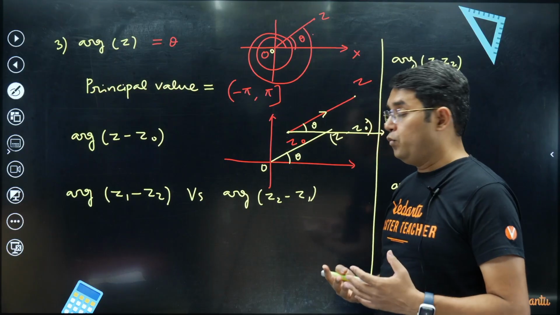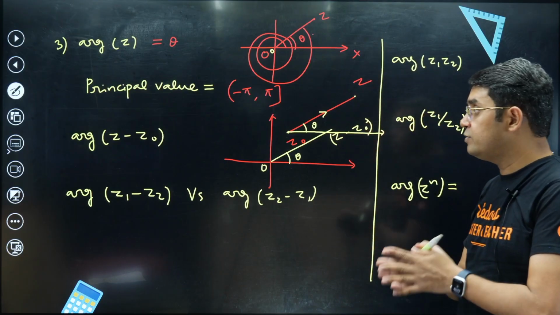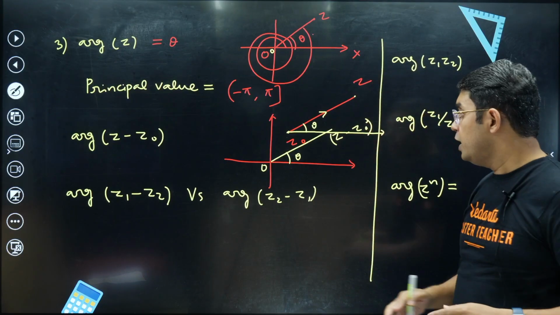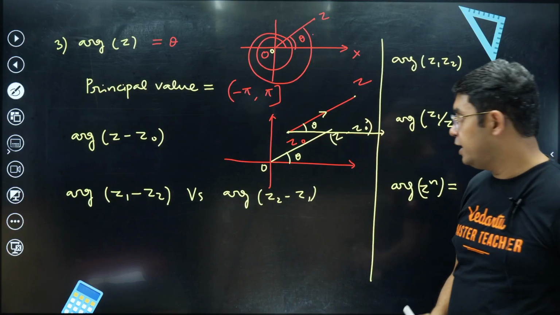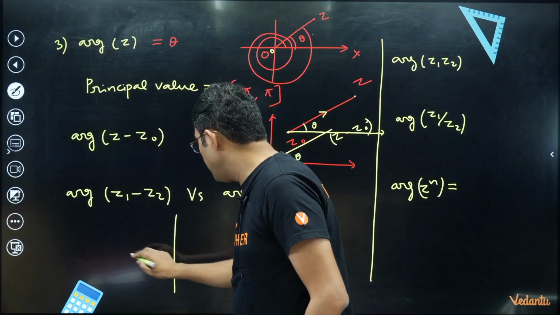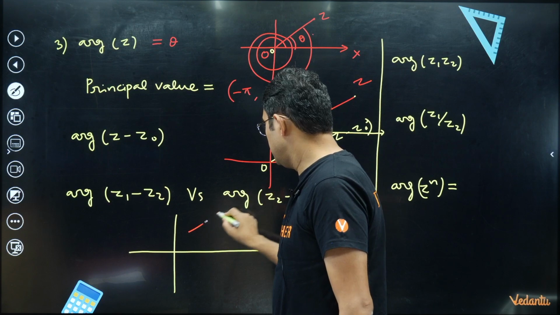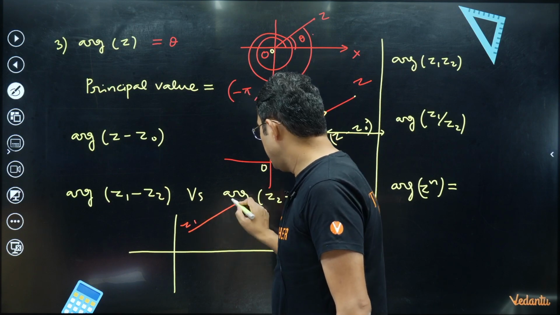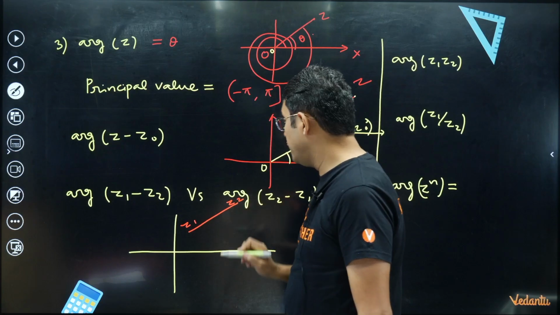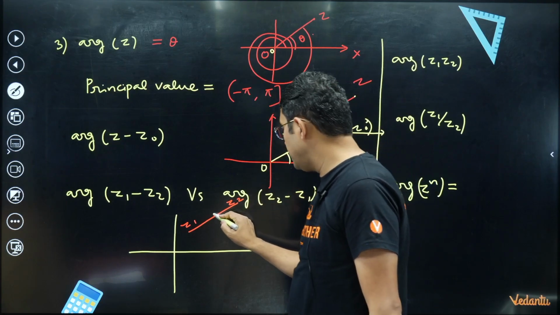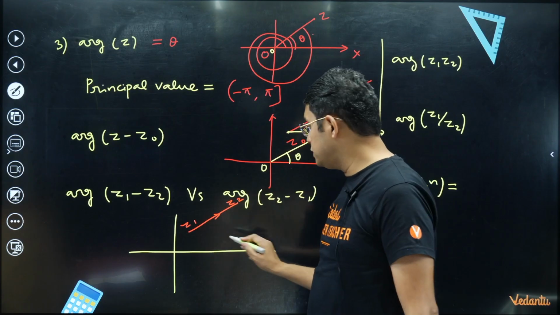Now next thing, what is the difference between argument of Z1 minus Z2 and argument of Z2 minus Z1? I think with what I told you here, it becomes very simple. If this is Z1 and this is Z2, and you are looking for Z2 minus Z1, your arrow will go this way.